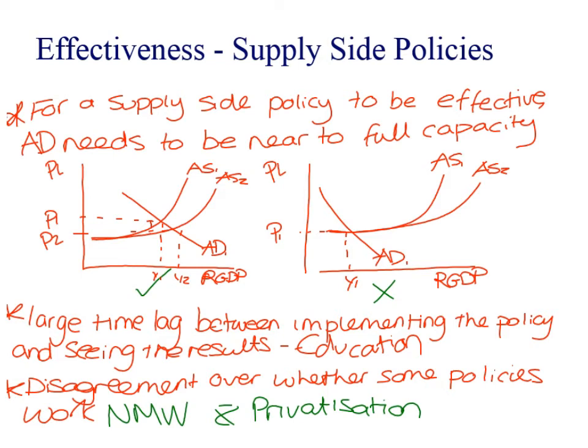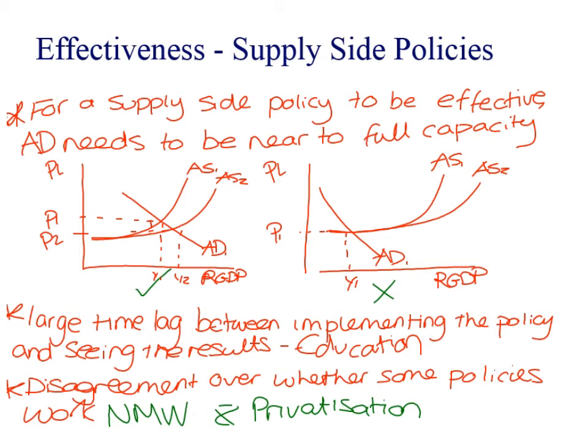That's a really long time, and it's very unlikely that the political party that implemented those changes are still going to be in power, or that the education minister is still going to be education minister. So there's a disincentive for politicians to implement these long-term policies, because voters need some quick wins, so to speak.